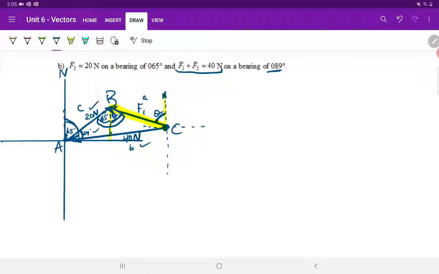So game plan here. We're going to find A using cosine law, because you have a contained angle.